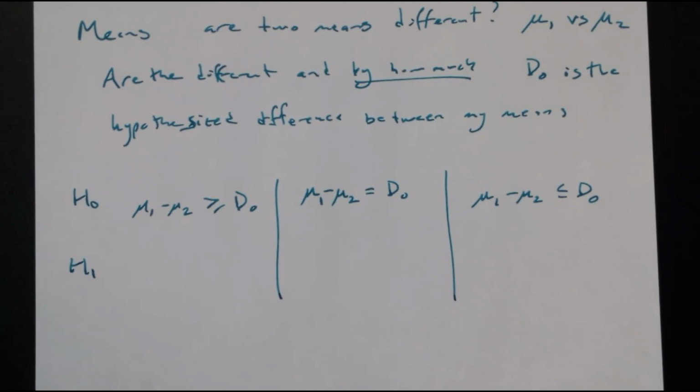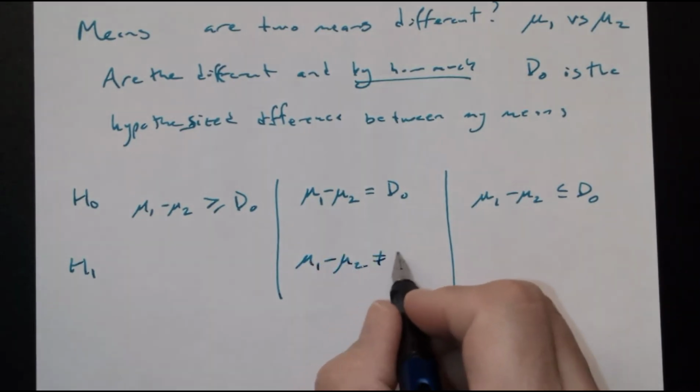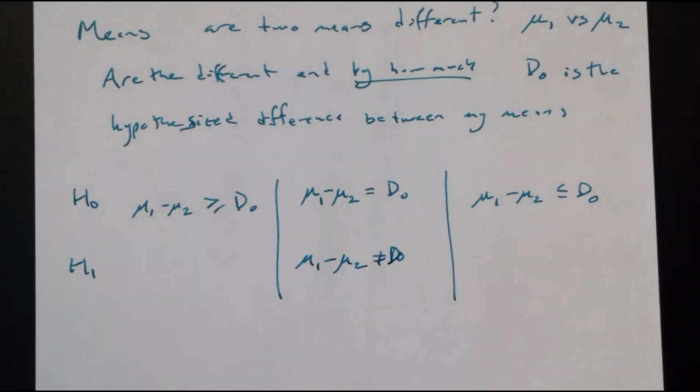What does my alternate hypothesis look like in that middle case? It does not equal. Exactly. And in the case over here on the first one, it would be less than.